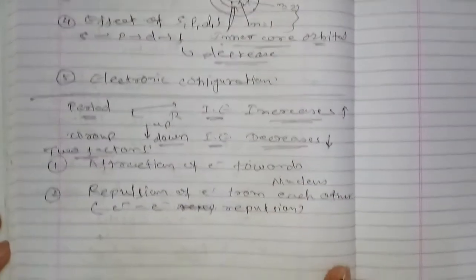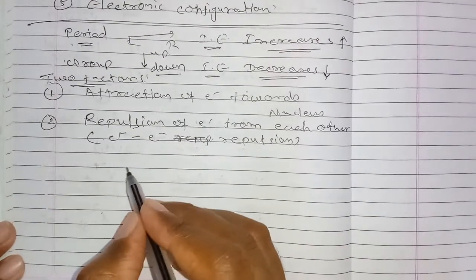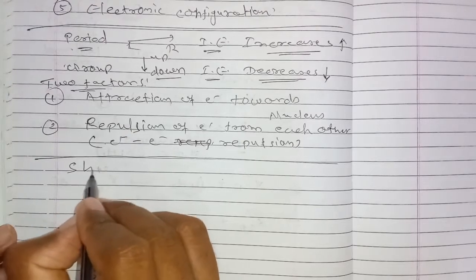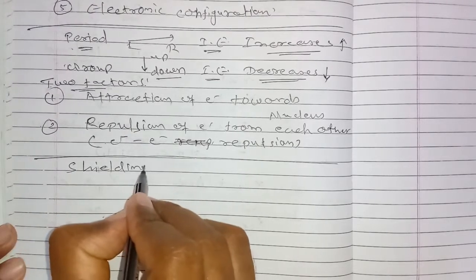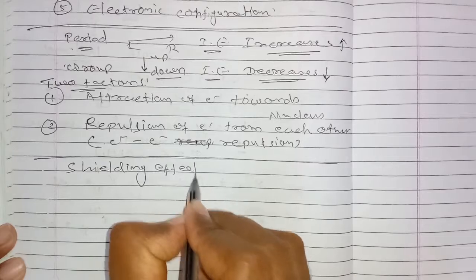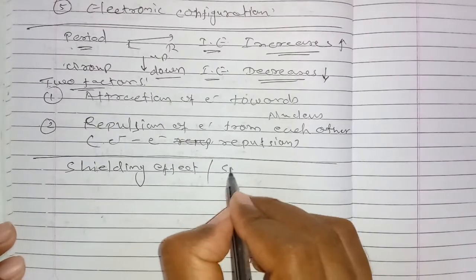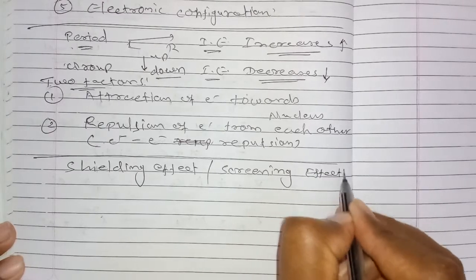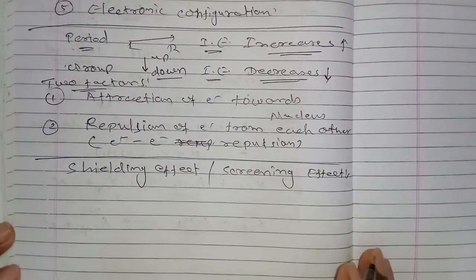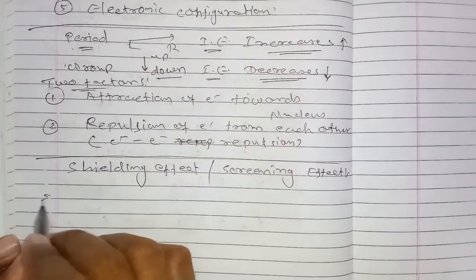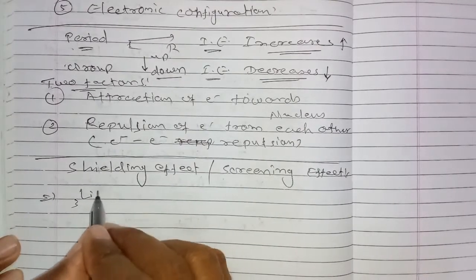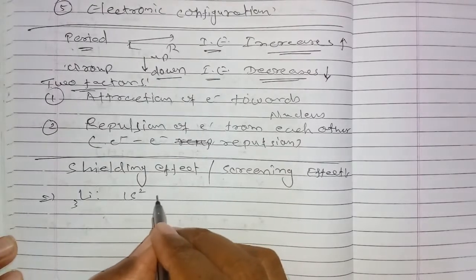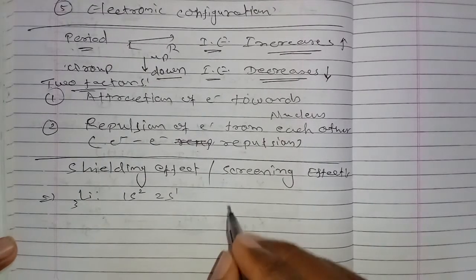To understand these trends, let's see the shielding effect, another name for which is the screening effect. For example, lithium, its electronic configuration is 1s2, 2s1.